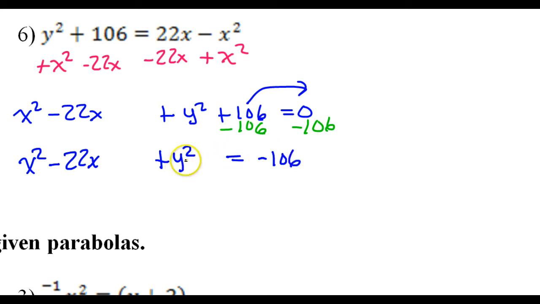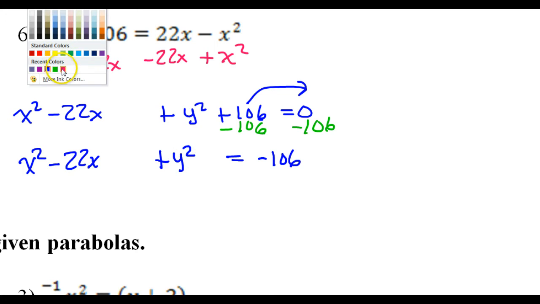Now, when you just have y squared with no other y term, there's no completing the square. You're done with the y. It's just y squared. That's it. It's like a 0 as far as the center value. So we will only be completing the square with the x's.